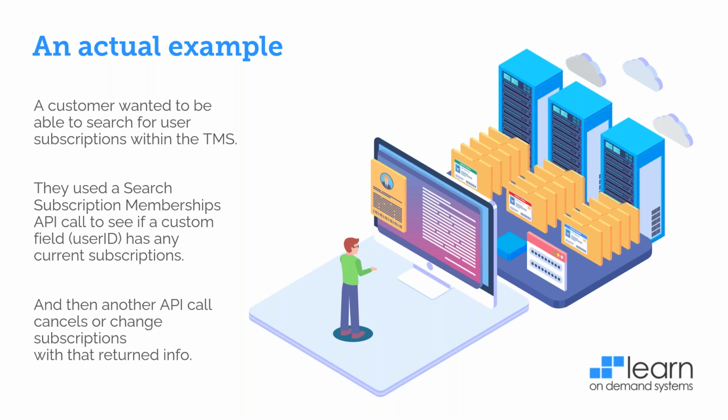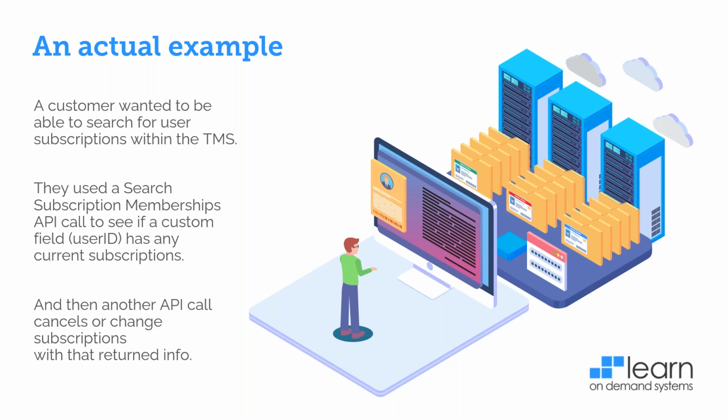Instead, they wanted to see subscriptions based on the user information they sent. So they used a search subscription memberships API call and other calls. I don't want to make it out to be that's the only one that they used, to see if a custom field, which was user ID, had any current subscriptions. And then they used another API call in order to take that information that they got back and either cancel or change the subscription based on the information that they retained.